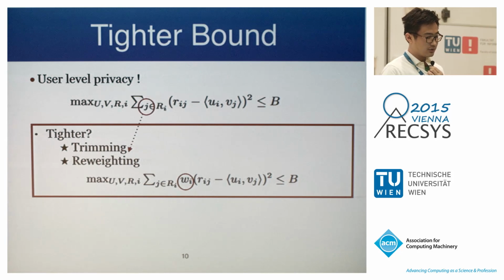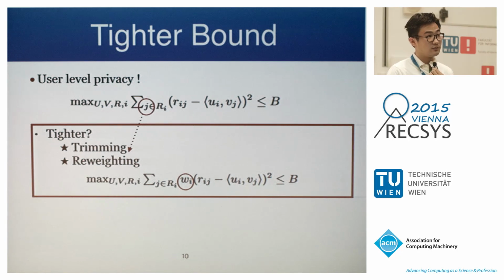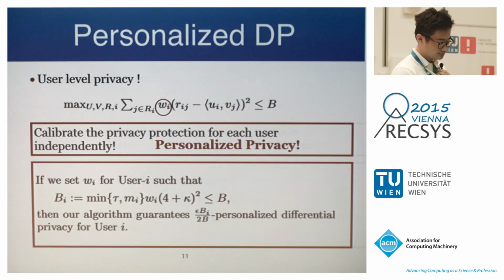And also we can reweight our loss function for each user, which means if one user has a lot of ratings, we can give them a small weight. The additional bonus is that it can calibrate the privacy protection for each user independently, which is personalized privacy.